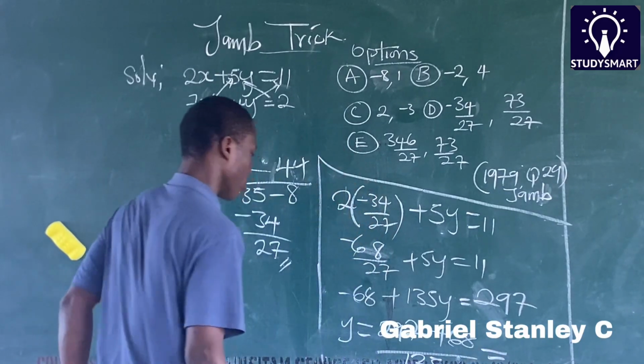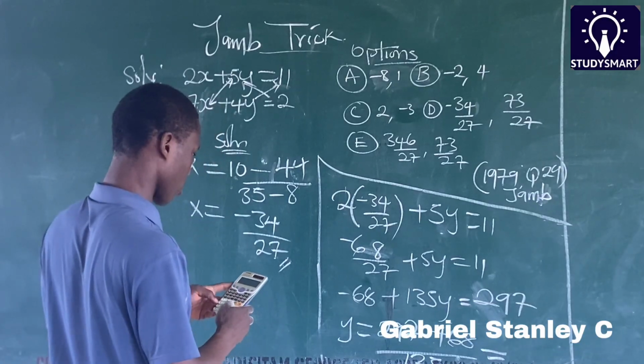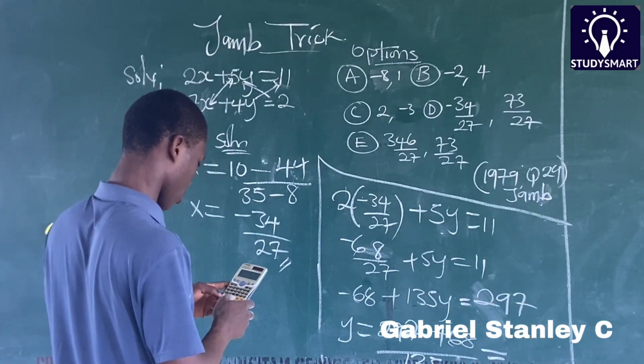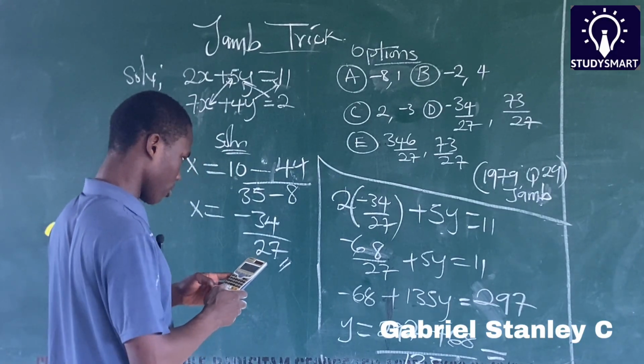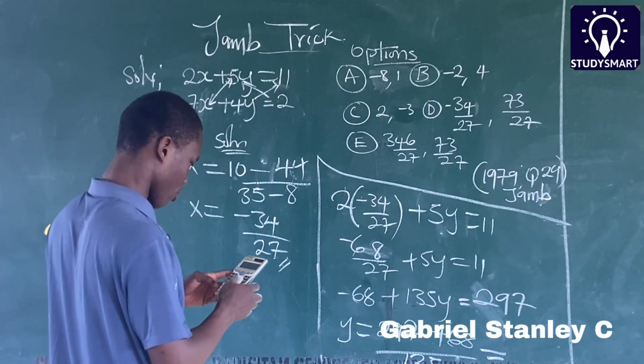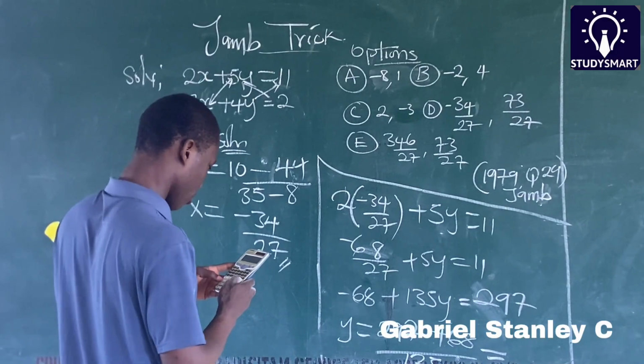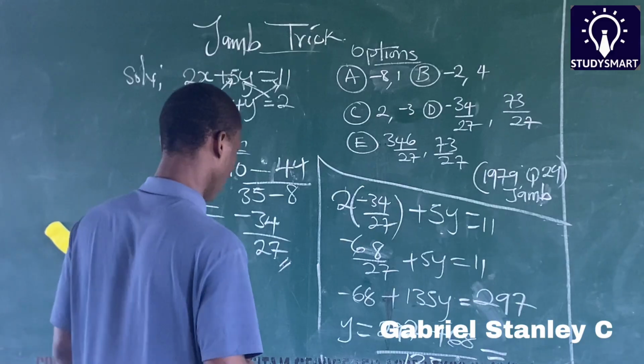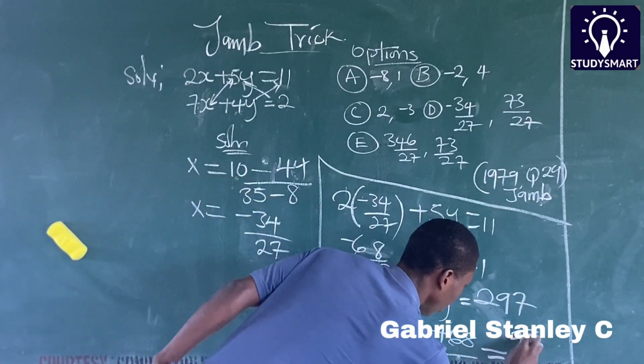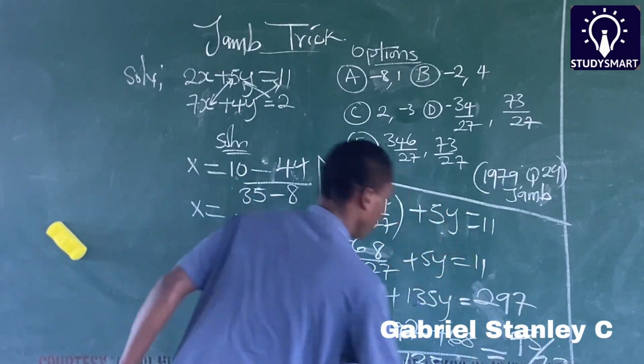So your answer becomes 297 plus 68 over 135. So your answer becomes 73 over 27. This is 73 over 27. So that becomes your answer.